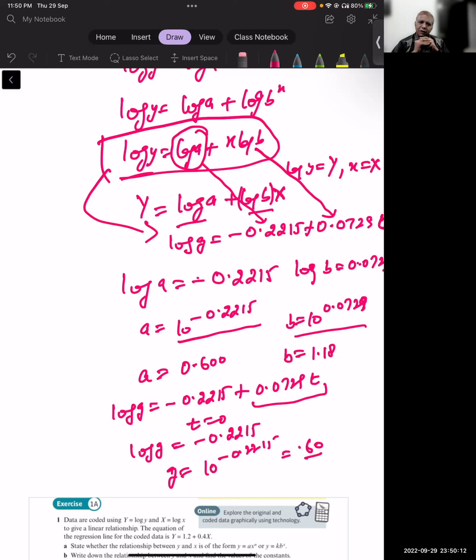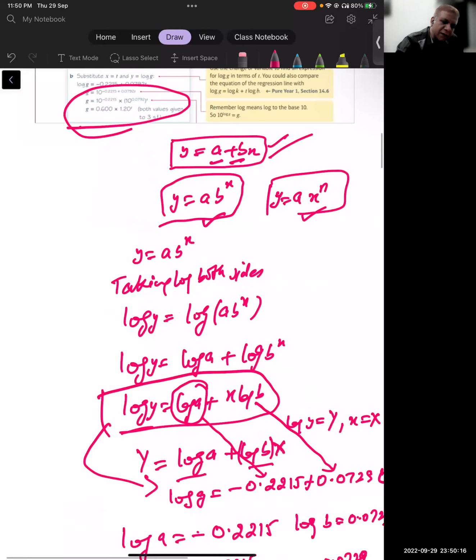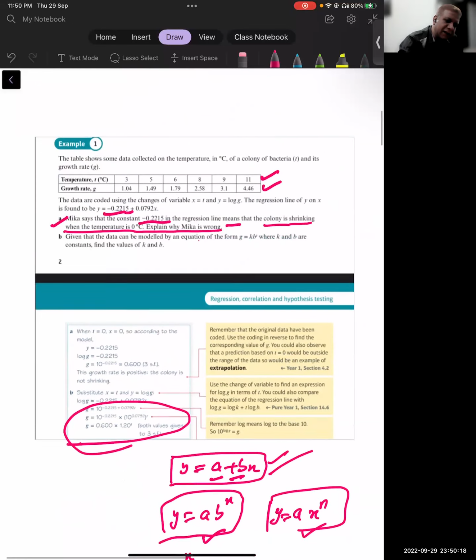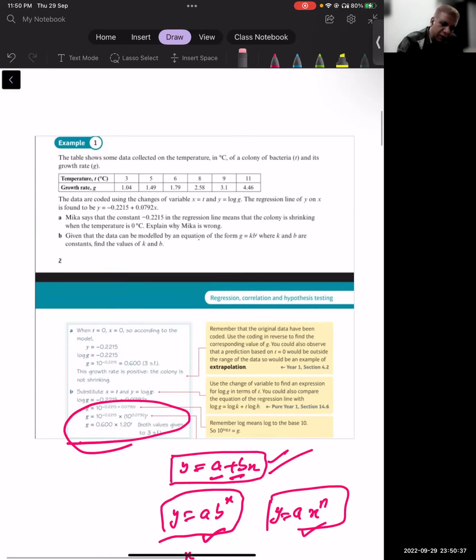So the question is asking: Mika says that the constant of minus 0.2215 in the regression line means that the colony is shrinking when the temperature is 0 degrees. When the temperature is 0, that means the value of T is 0, then the answer comes out to be 0.60, right?